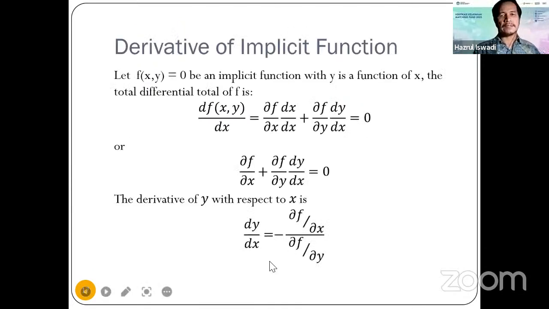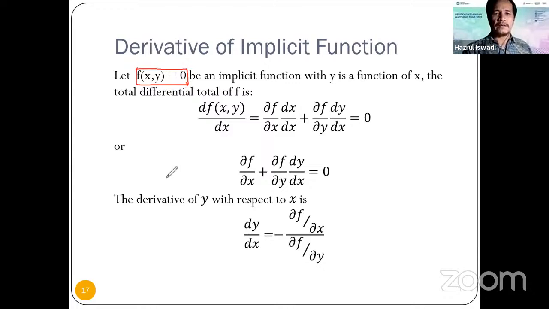Okay, let's jump to the derivative of implicit function. Sometimes our function is an implicit function, not an explicit function.